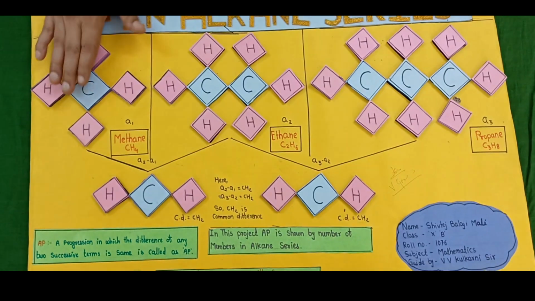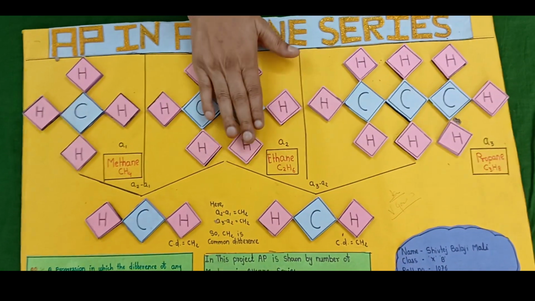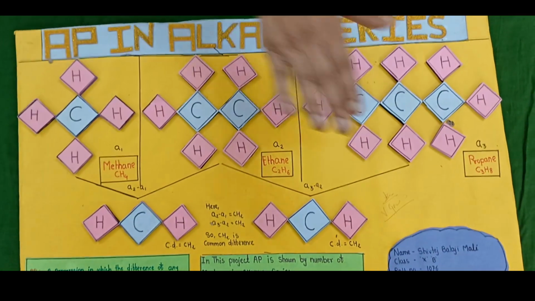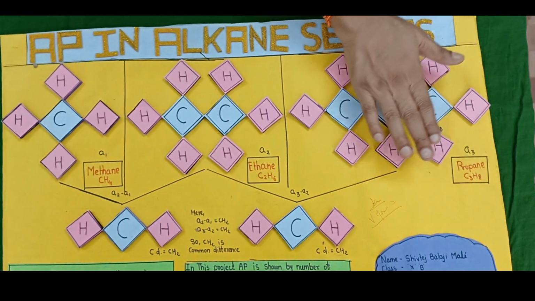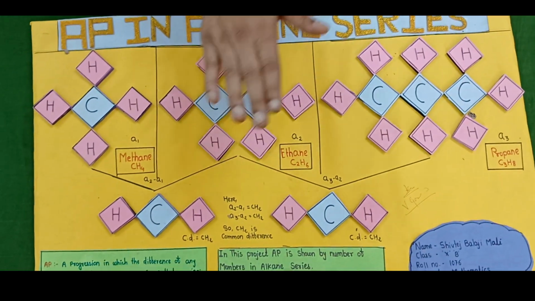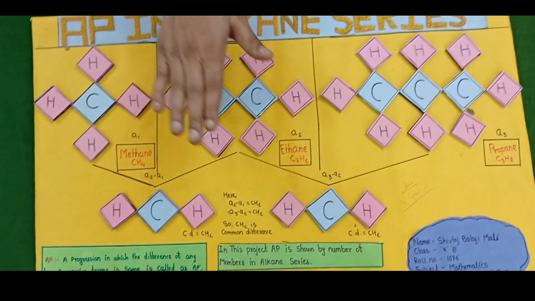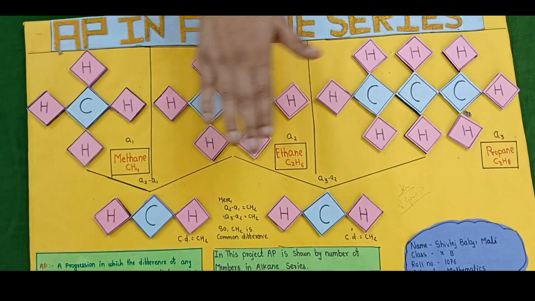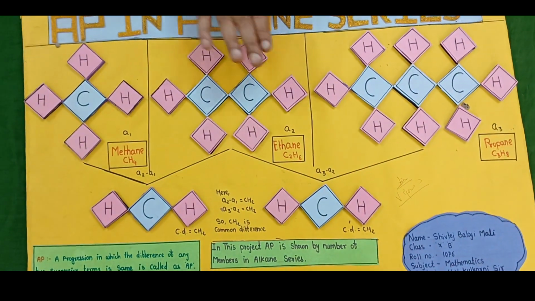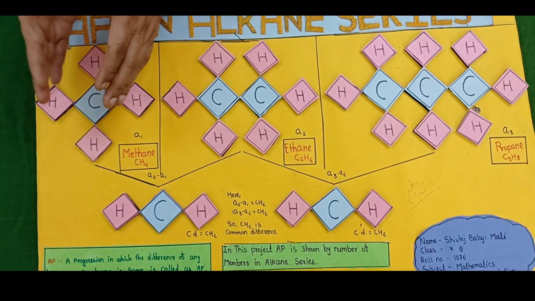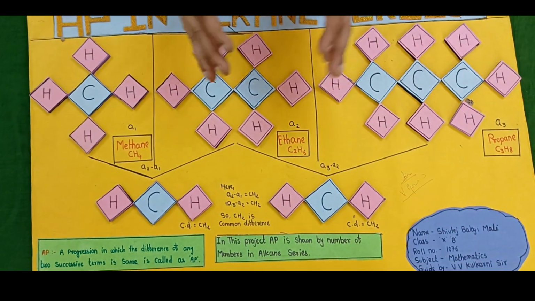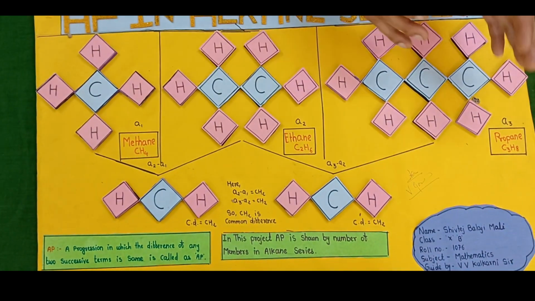Here there are 4, here there are 6, so 6 minus 4 is 2. Again, in propane there are 8 hydrogen atoms, whereas in ethane there are 6 hydrogen atoms. So again there is a difference of 2 hydrogen atoms. Thus, we can say that in methane, ethane and propane, the hydrogen atoms differ by 2.